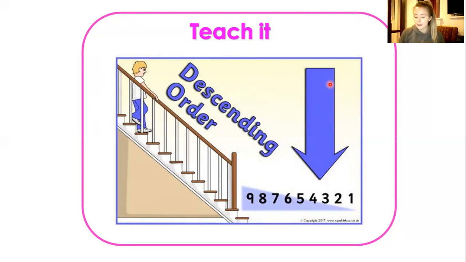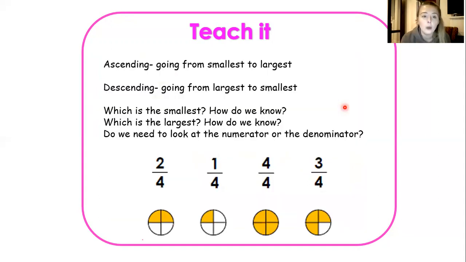Super stuff then. So ascending, descending, ascending, descending. Okay, if you need to remind yourself, you can always come back to these slides to remind yourself, was it ascending? Was it descending? Okay? So we know ascending going smallest to largest and descending going largest to smallest.